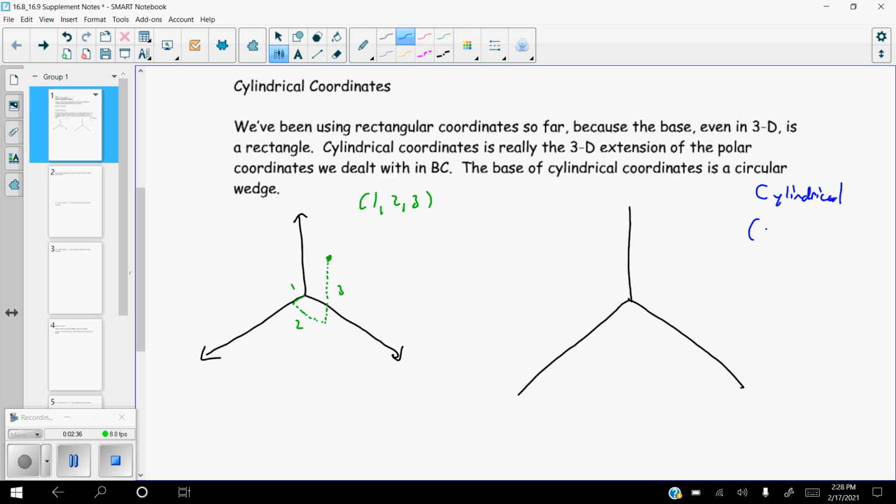Cylindrical coordinates are based upon a radius, an angle, and then the nice thing is z. If you remember from polar coordinates, the r represents the radius from the pole, which in this case is going to be basically the same place as the xyz origin. So this right here is considered the pole.